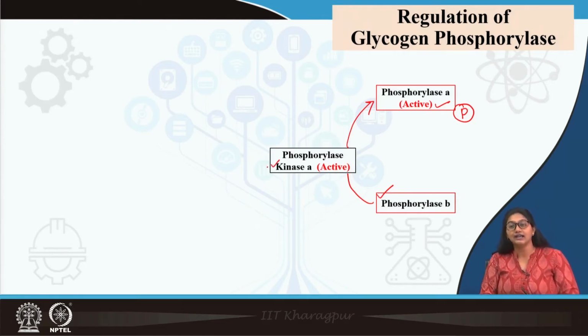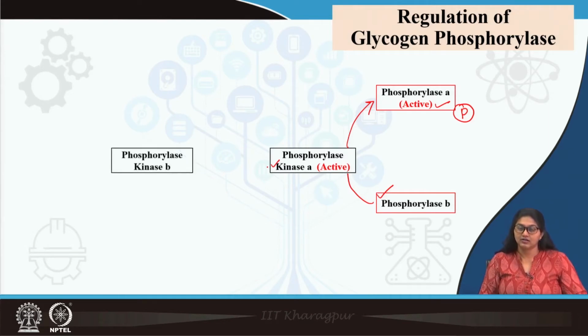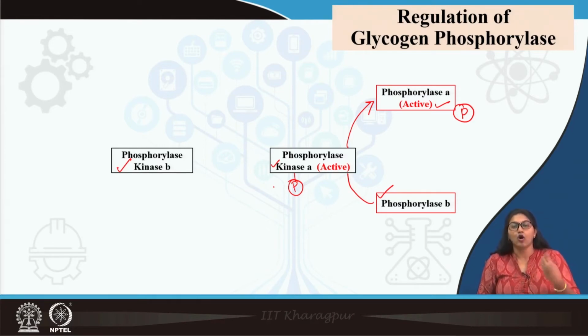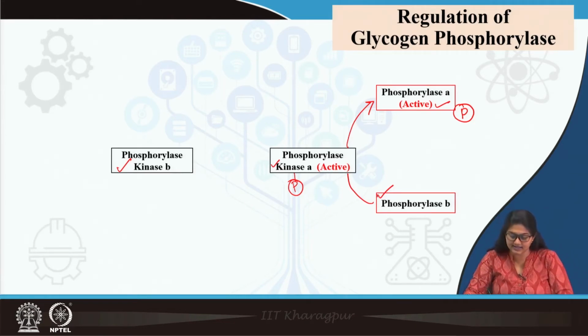Again, that kinase has active and inactive forms. The active form is kinase A, the inactive form is kinase B, and again the active form is the phosphorylated form. So, there is activation of the kinase with phosphorylation, and on activation this kinase phosphorylates phosphorylase.